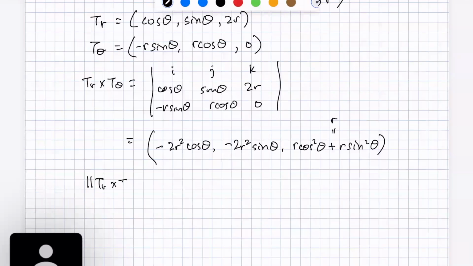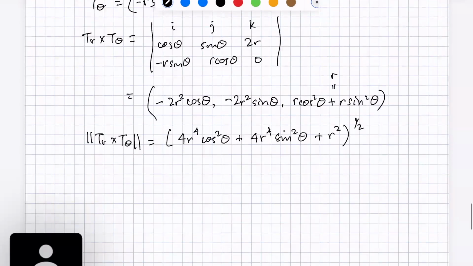So the magnitude of T_r cross T_theta equals 4r to the fourth cosine squared theta plus 4r to the fourth sine squared theta plus r squared, to the 1/2 power.